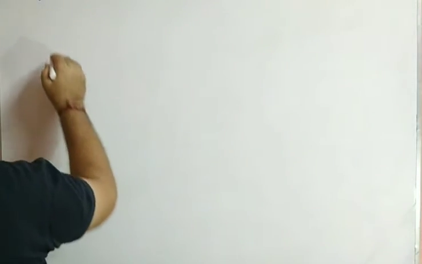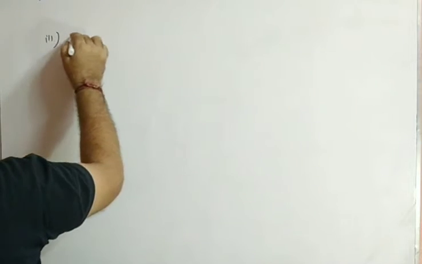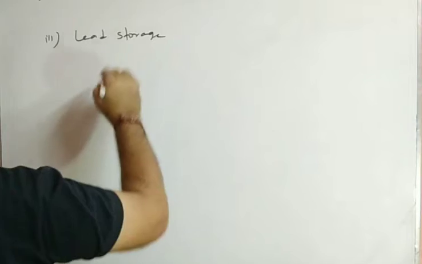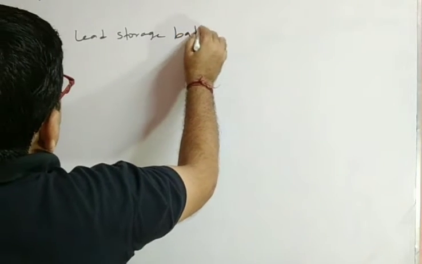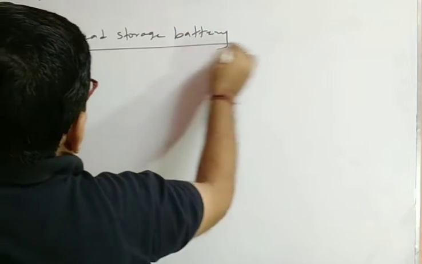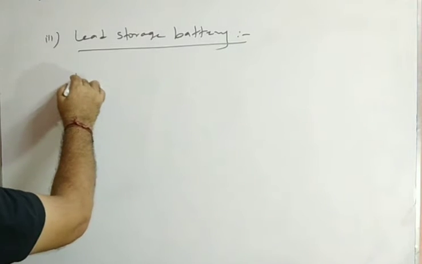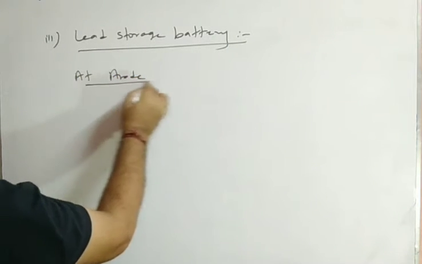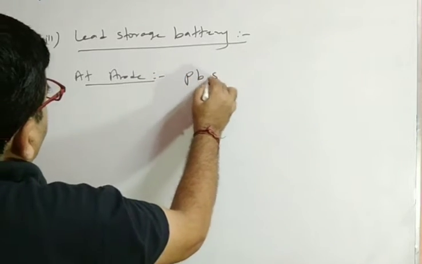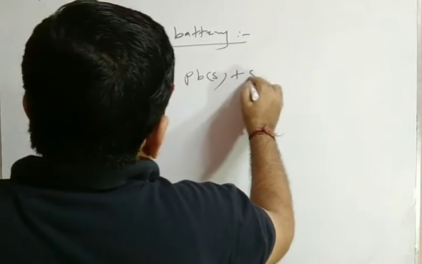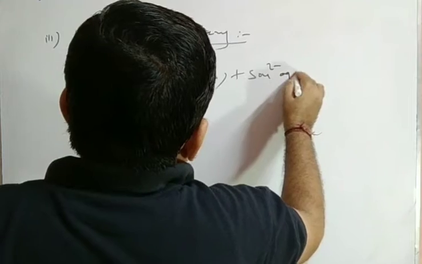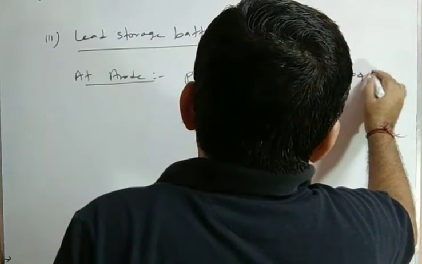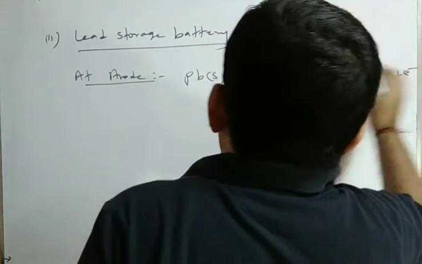So the next one, lead storage battery. At anode, lead and aqueous sulfate form solid lead sulfate plus 2 electrons.